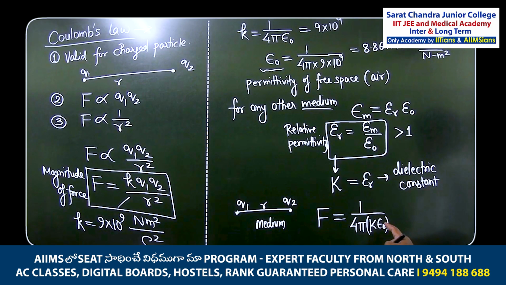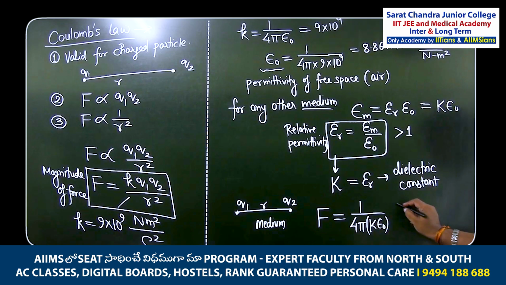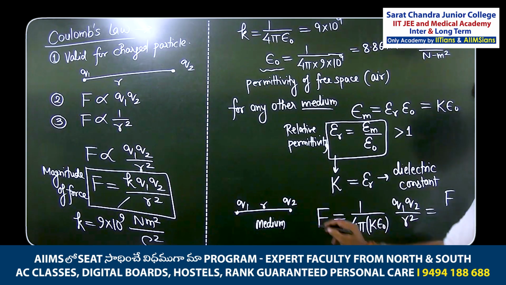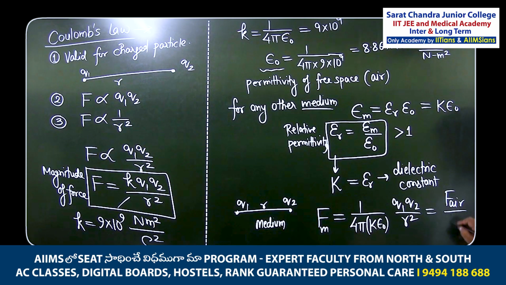Why k times epsilon naught? Because now I am using epsilon of the medium, into Q1 Q2 by r square. That means the force which they are exerting on each other in the medium is 1 by k times the force in the air.